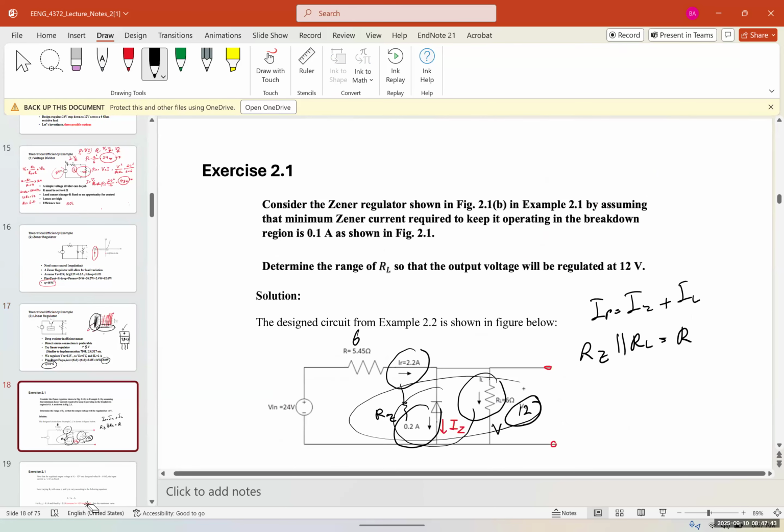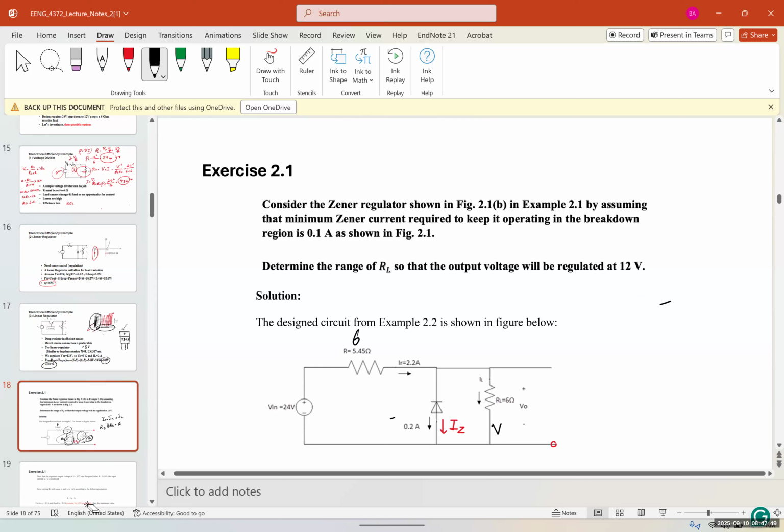So what is the next solution that we may have? Let's first solve an exercise. I'll give you a few minutes to think on this. We consider the Zener diode regulator shown in this figure.